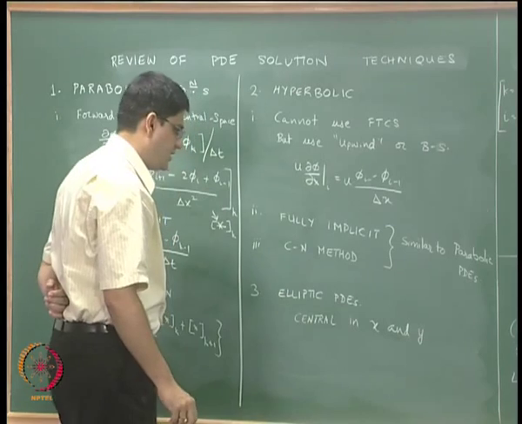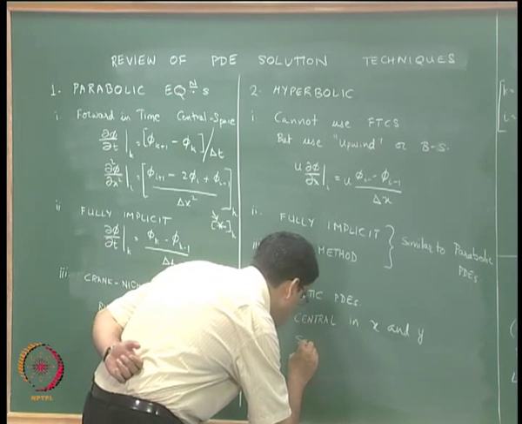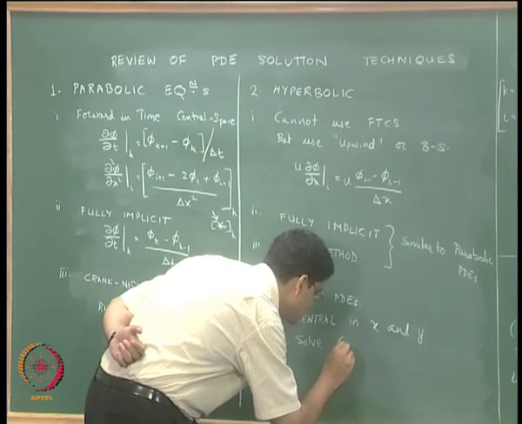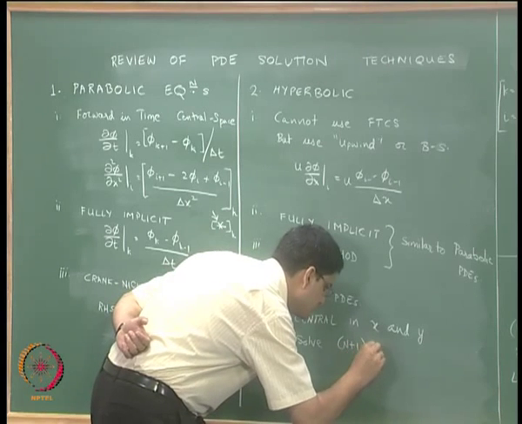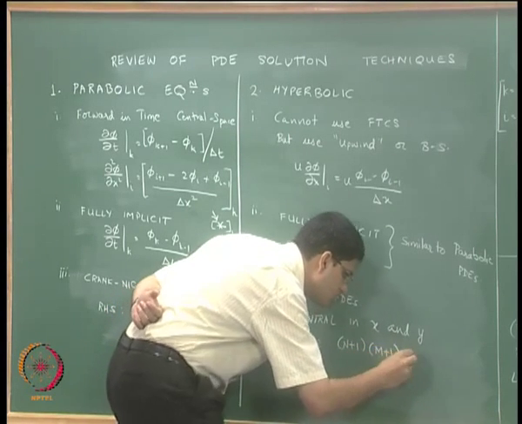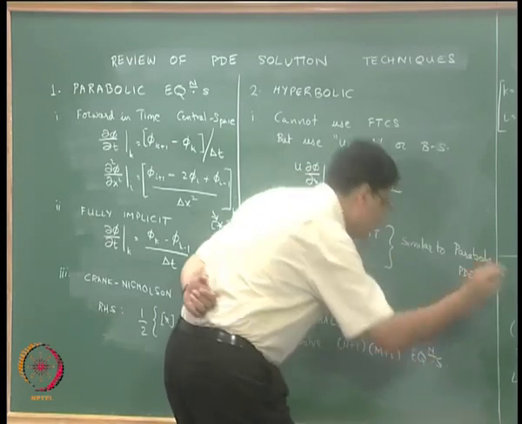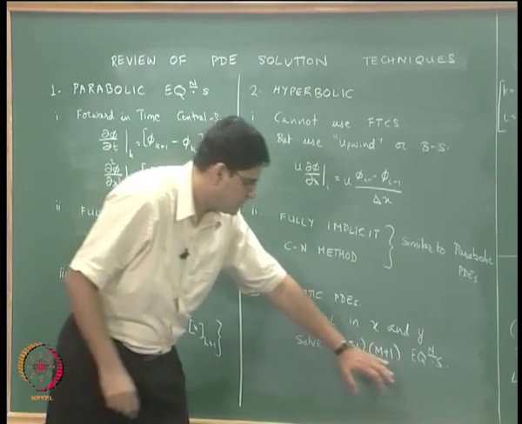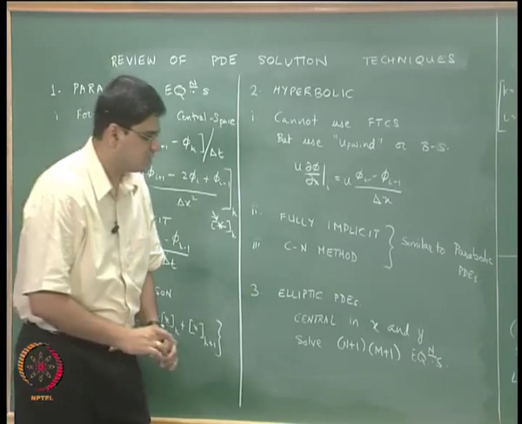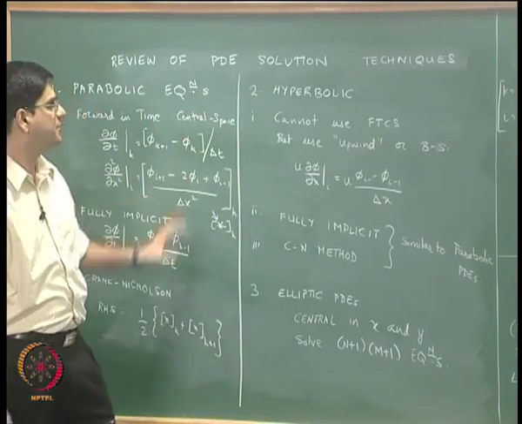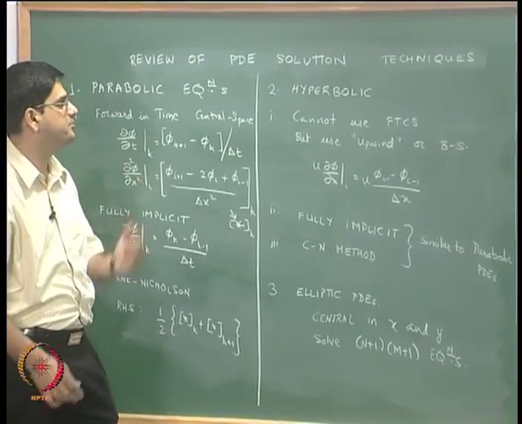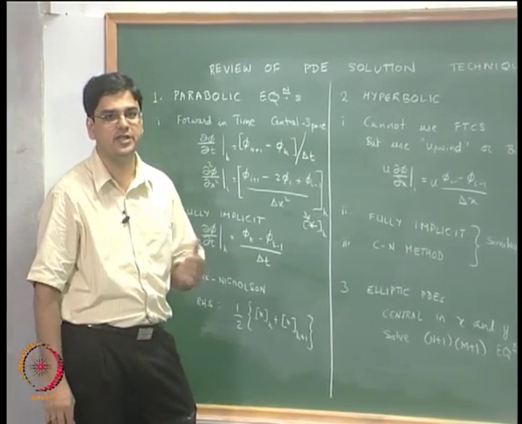Okay, central in x and y, and solve the n plus 1 multiplied by m plus 1 equations simultaneously. Okay. So, that is the overview of all the numerical techniques for solving PDEs.